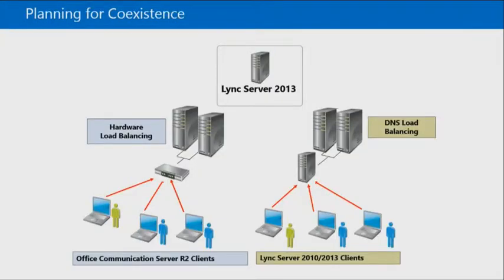So from a coexistence point of view, we've got this scenario where we could be migrating from OCS 2007 R2 up to Lync 2010 or Lync 2013. And you've got to figure out where you put the hardware load balancers for those R2 clients if they're still logging into Lync 2013, versus where you put the DNS load balancing records for the Lync 2013 clients.